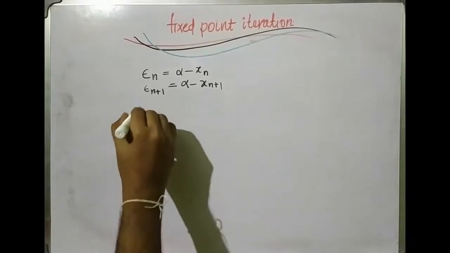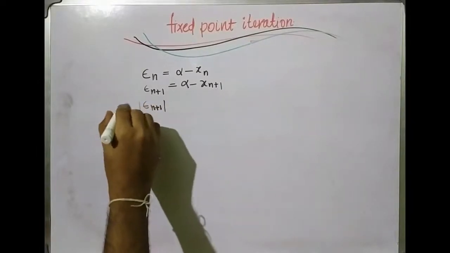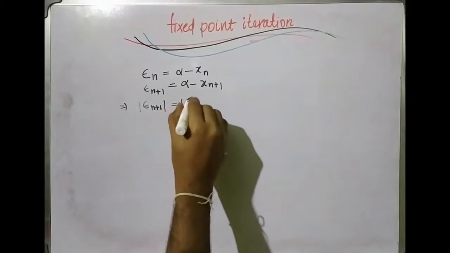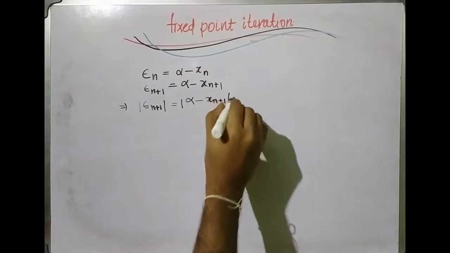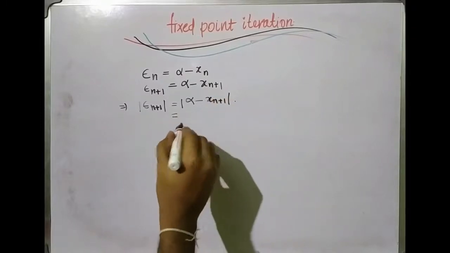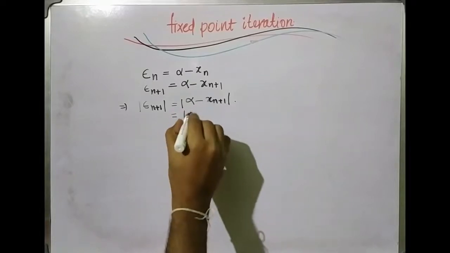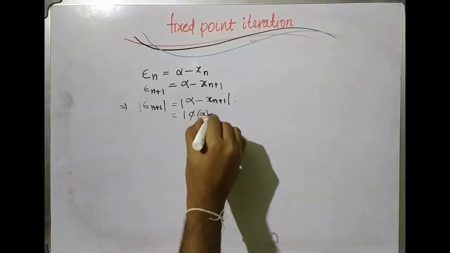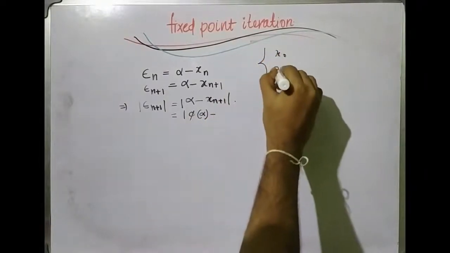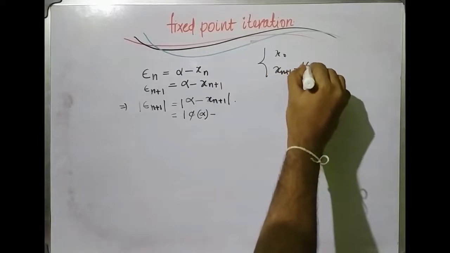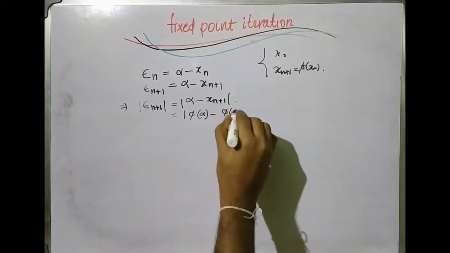So taking a modulus on both sides, we will have mod of epsilon n plus 1 equal to modulus of alpha minus xn plus 1. So since alpha is a fixed point of phi x, we can write it as phi alpha minus, from the iterative procedure we know that x0 and xn plus 1 is equal to phi xn, so we can write it as phi xn.